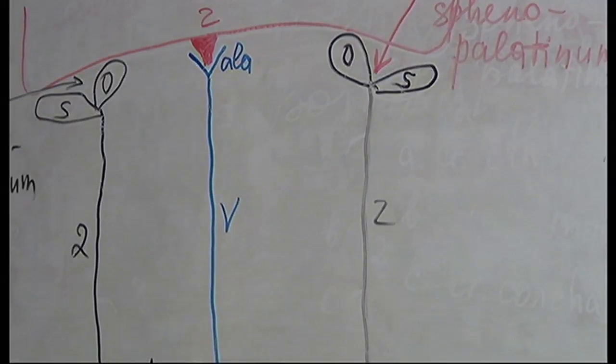Through these wings, rostrum and vomer are connected to each other.